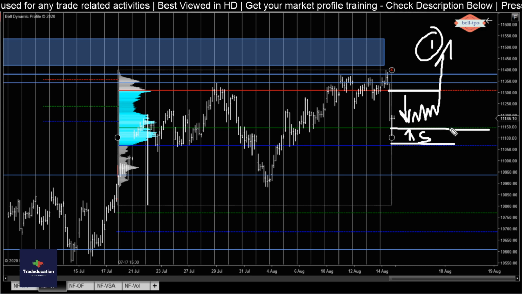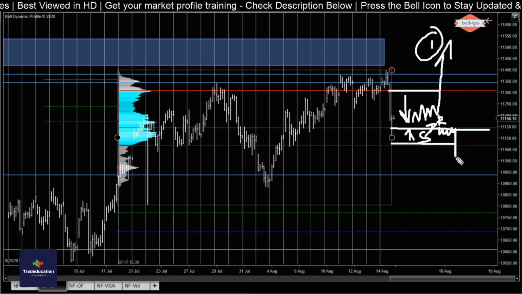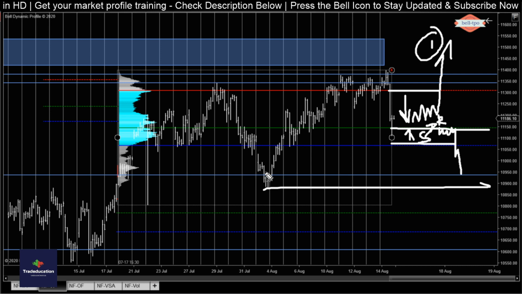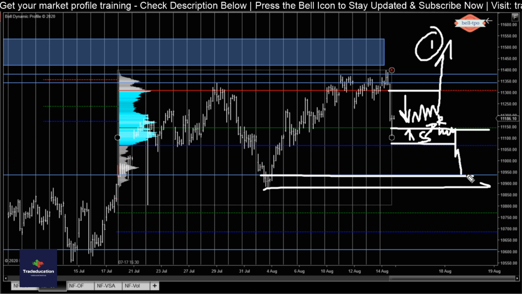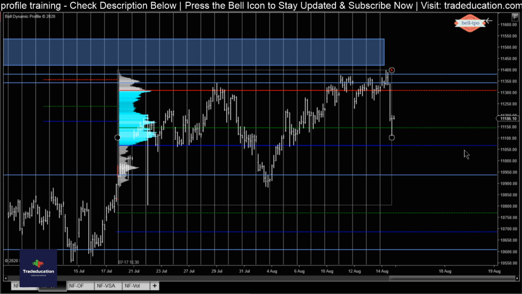The second auction path which I'm seeing is that it opens around the VPOC, so this support turns into resistance, and then it tries to tag the value area low, and then maybe goes to this balance low. This is one balance low and this is the second balance low. These are the two auction development paths which I'm seeing.